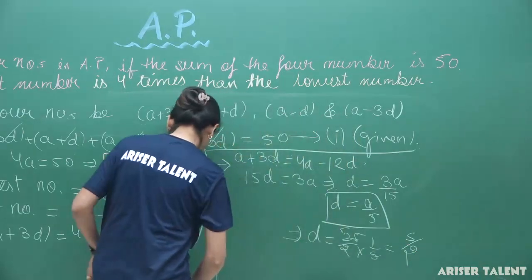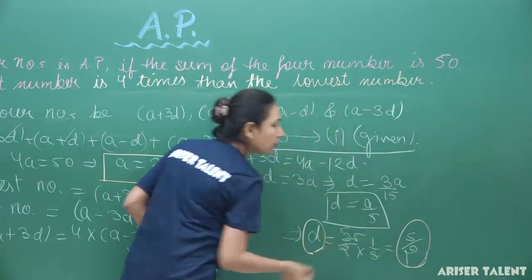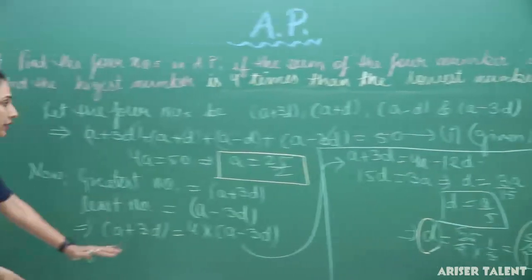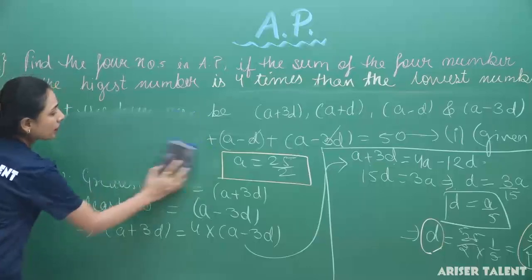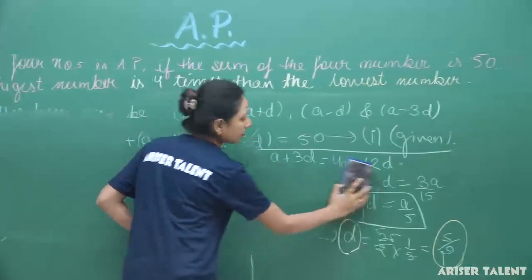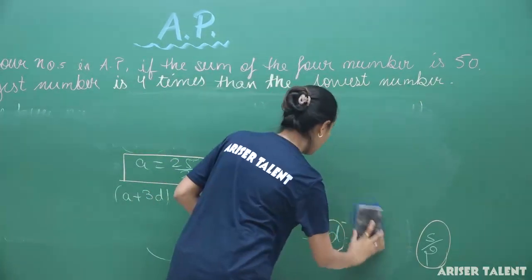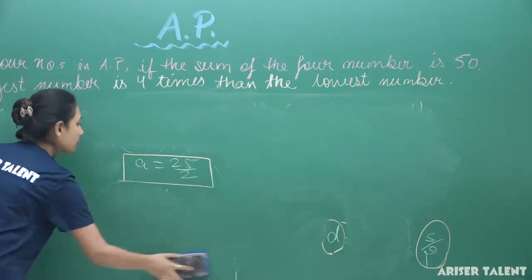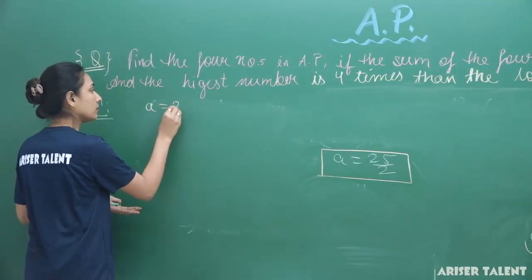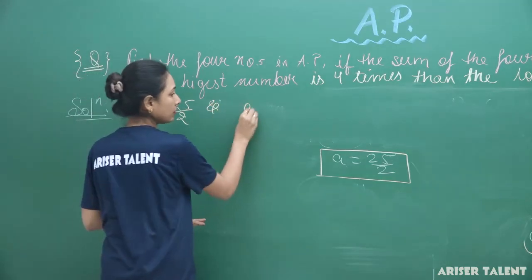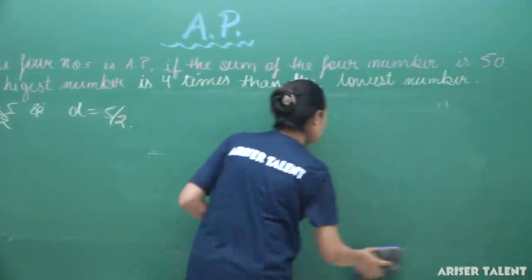So d equals 5 by 2 is the value here, right? Now I am going to rub this. We have a equals 25 by 2 and d equals 5 by 2, right? Now what values have we assumed?